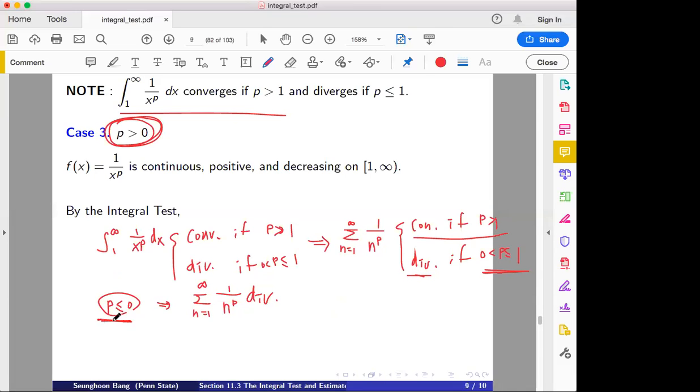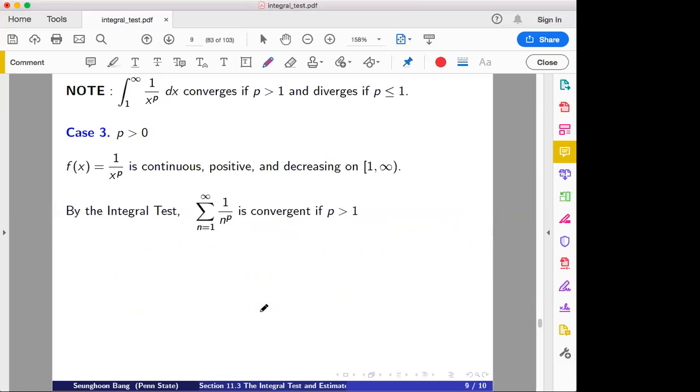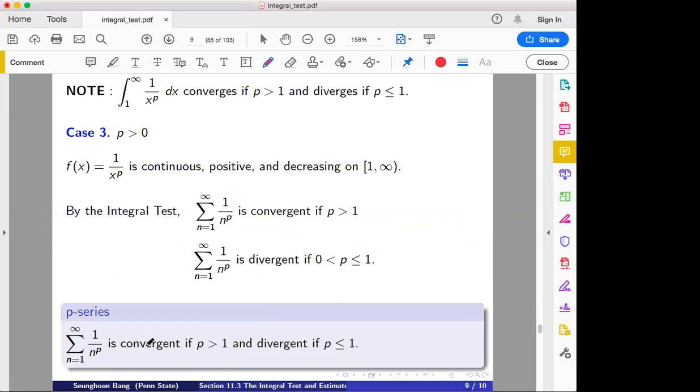So p less than or equal to 1 is also divergent. We have this result, and we call this the p-series. The summation from n equal to 1 to infinity of 1 over n to the p is convergent if p is greater than 1, and divergent if p is less than or equal to 1. So we call it the p-series.